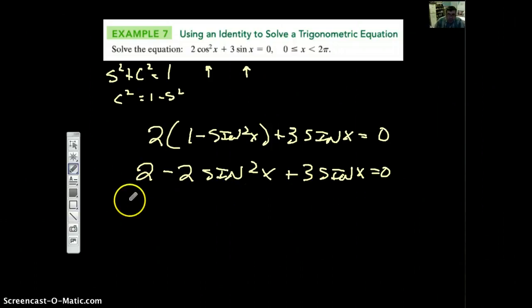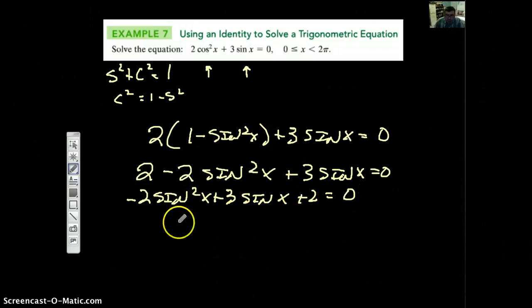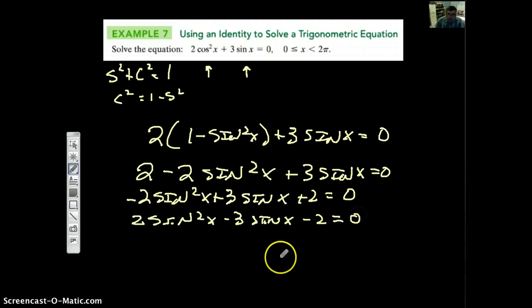Hey, I could rearrange these terms. Now I don't like to have a negative in front, so I'm going to distribute a negative sign through the whole problem. Now it's a factoring problem.